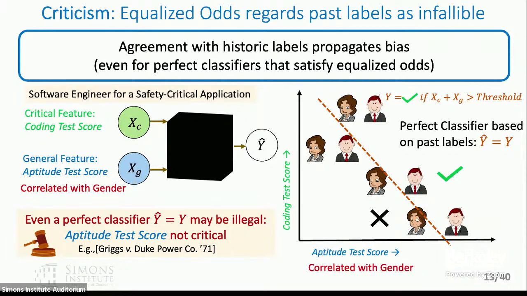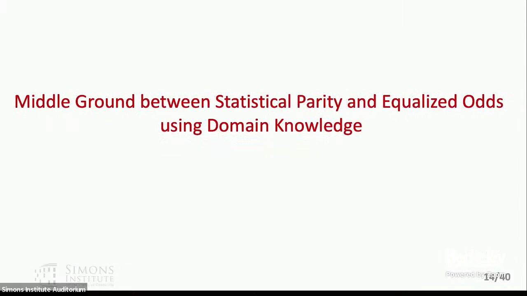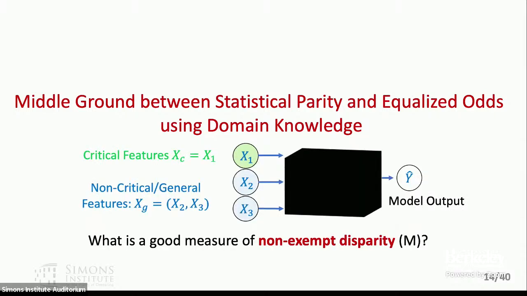So our problem statement adopts a middle ground between these two extremes, statistical parity and equalized odds, that uses some domain knowledge to identify which features are critical. And then we ask what is a good measure of non-exempt disparity, which is the bias that is not justified due to the critical features.